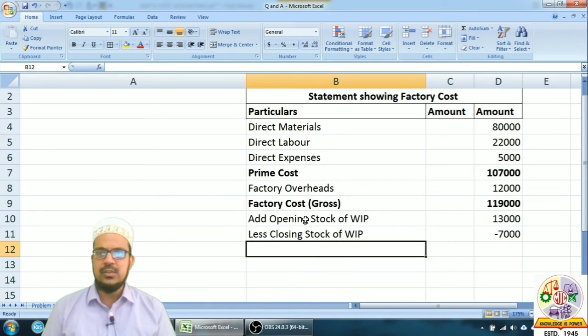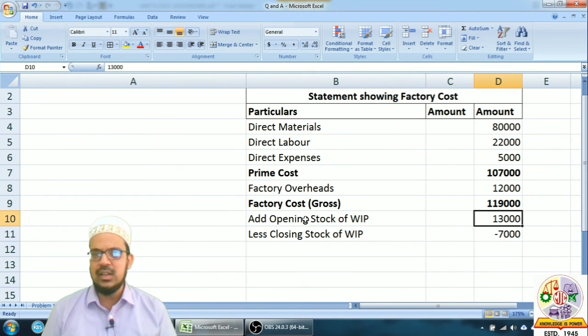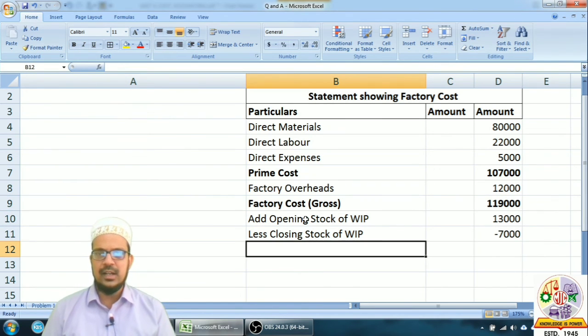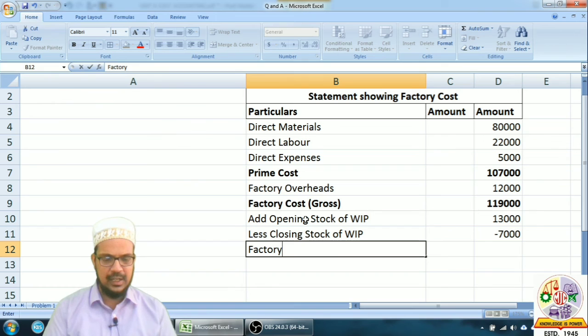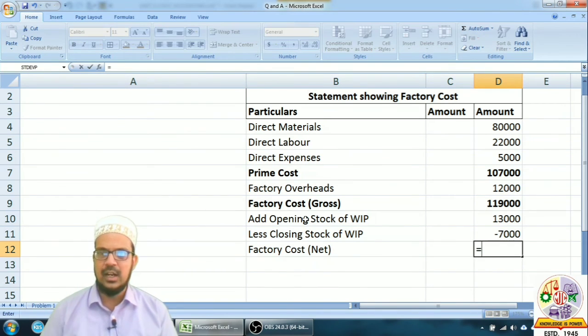Now once you add 13,000 and deduct 7,000 from this figure, you will get the final factory cost, and we will call it net factory cost. And how much will that be?